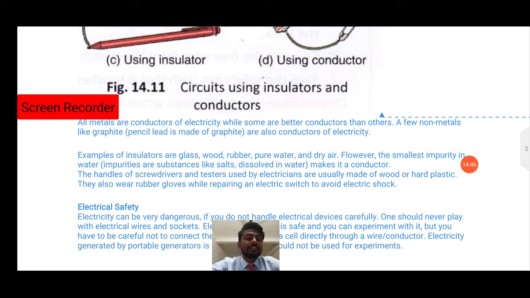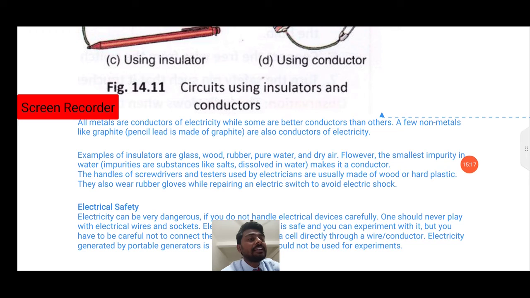See, examples of insulators are glass, wood, rubber, pure water, and dry air.